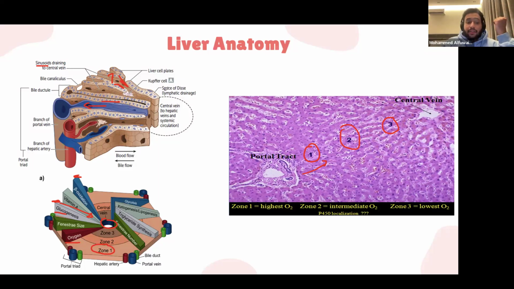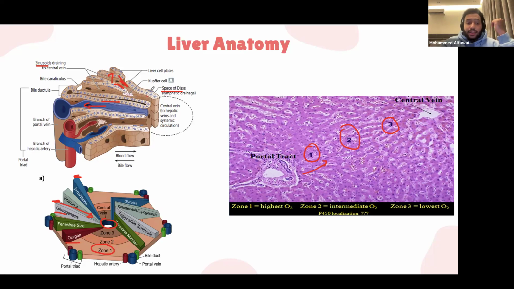Other than that, you have the lymphatic drainage of the liver, which is through the space of Disse that will go into the lymphatic circulation. Important thing about the space of Disse is that it can get overwhelmed, okay? Because of portal hypertension, it can get very, very overwhelmed. When it gets overwhelmed, the remaining lymphatic drainage or the remaining fluid will ignore the space of Disse because it's already at full capacity.